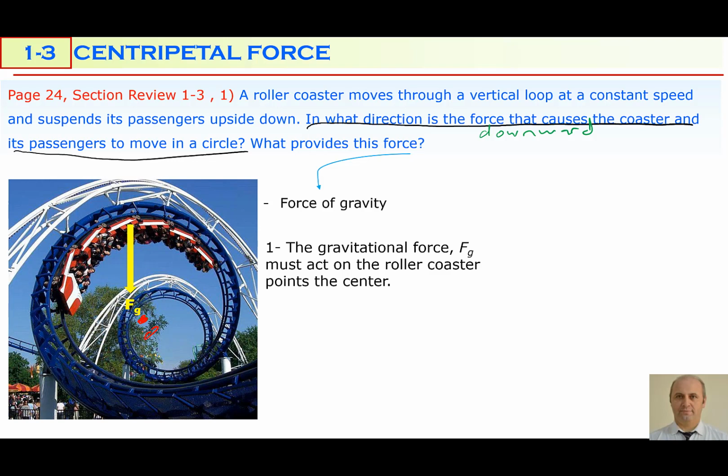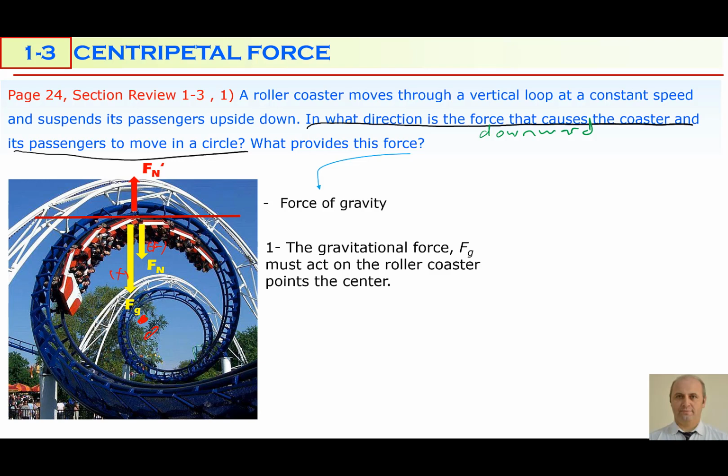Of course, this roller coaster car is in contact with the track, so there must be action-reaction forces between the track and the car. The roller coaster car pushes the track upward, and the track gives a reaction downward, which is Fn. So Fn is also pointing towards the center. Both are pointing towards the center.